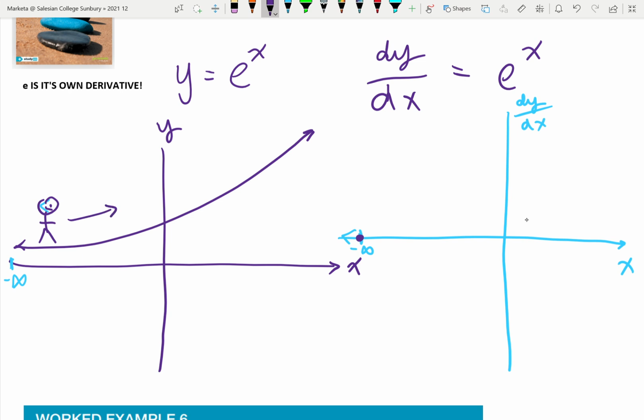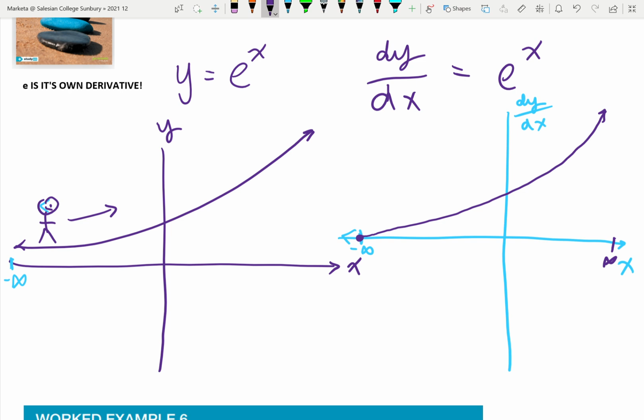you would be going up the hill more and more on a large gradient. So we would get higher and higher, and the gradient is getting steeper and steeper. As you go towards positive infinity, the gradient's going to get larger and larger, as do the y values.